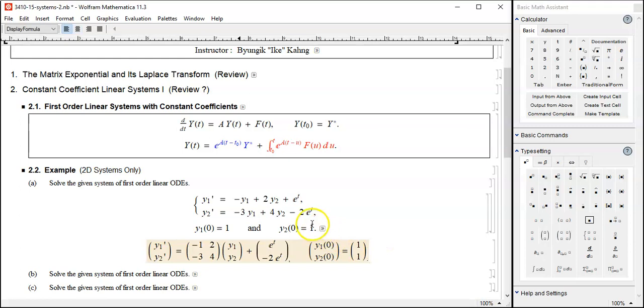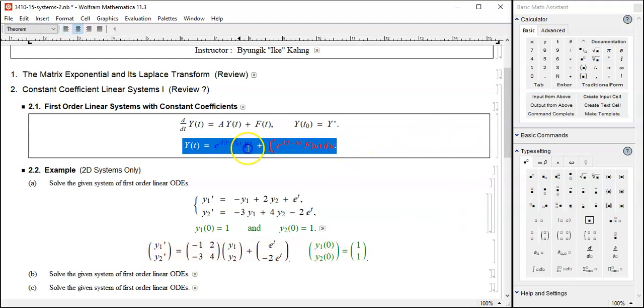Is that clear to everybody? Here's the IC, and the IC is here. And then here's the system, and there you go. Feel comfortable? This is your A, that's your capital Y, that's your capital F, and here's your Y star.